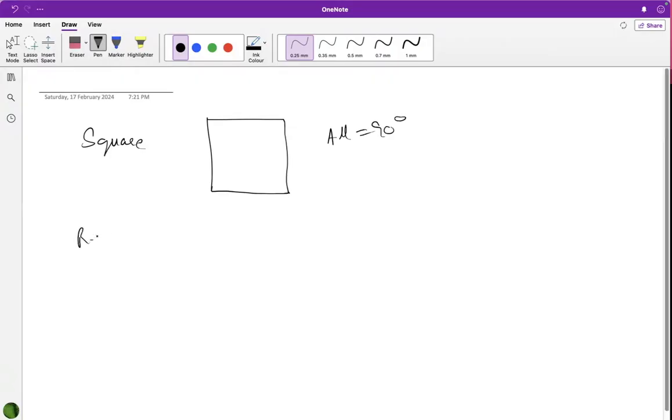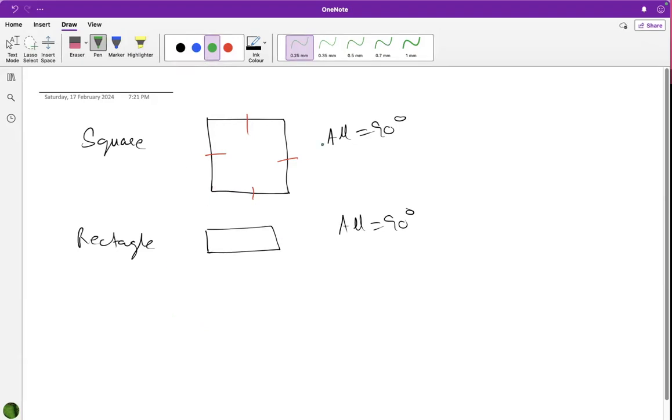When we draw a rectangle, all of them are also 90 degrees, all again 90 degrees. Meanwhile, we are also going to talk about the lines. In case of a square, all four sides are equal. And what happens when we talk about a rectangle?